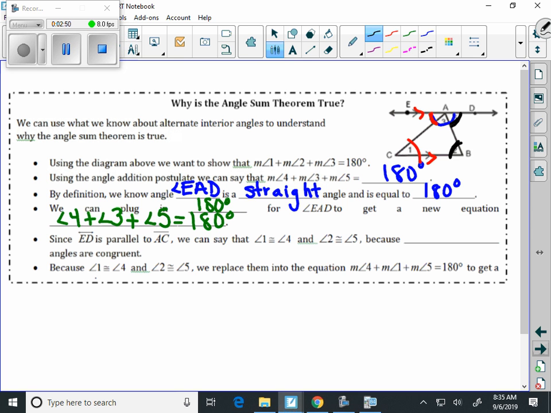And if you're looking closely here, it's a little bit hidden. Two parallel lines cut by a transversal, then what we have are alternate interior angles are congruent.